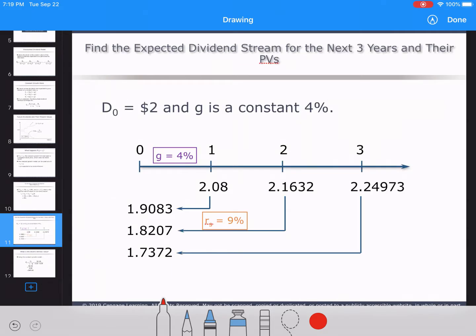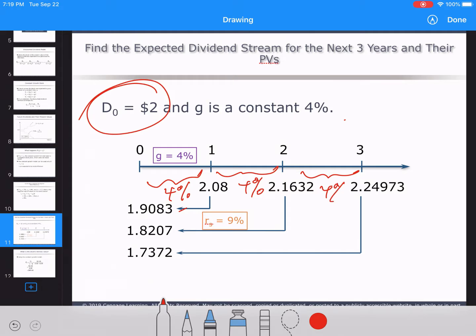Assume that your initial dividend is $2 and it is growing at 4%. So first you apply this 4%, and then again this is going to be 4%, all constant, 4% ad infinitum, and you calculate these numbers.